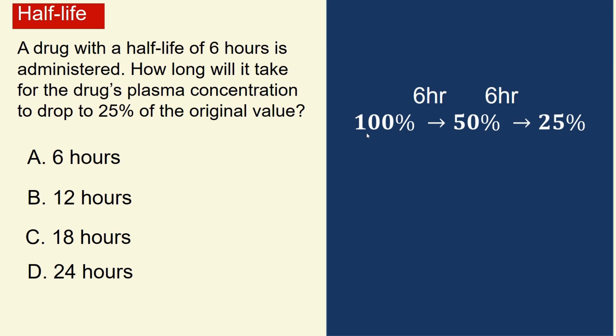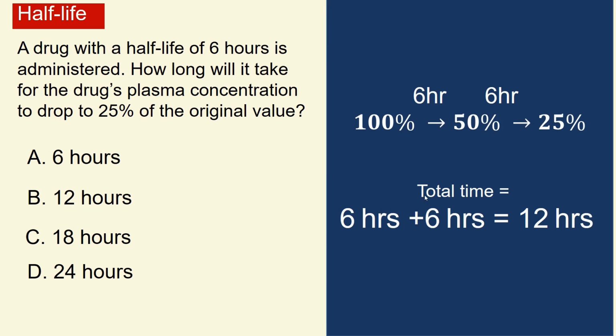Start from the original concentration, which is always 100%. So 100% becomes 50% in 6 hours, and in another 6 hours it becomes 25%. So 6 plus 6 hours gives you 12 hours. The correct answer is 12 hours.